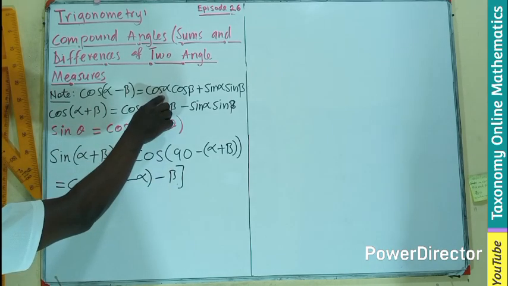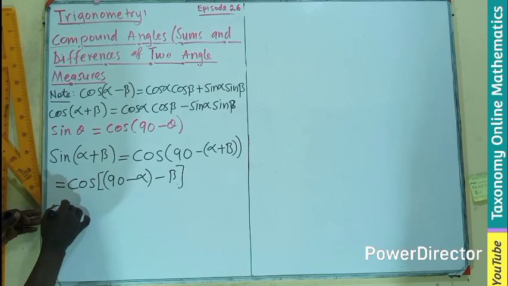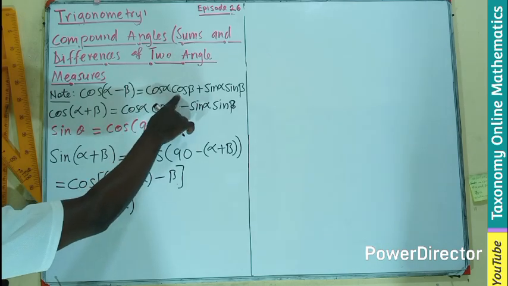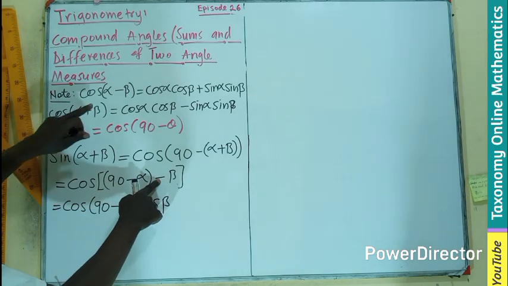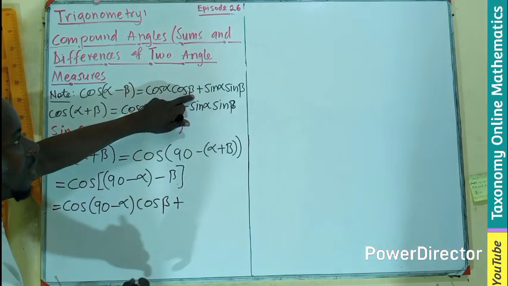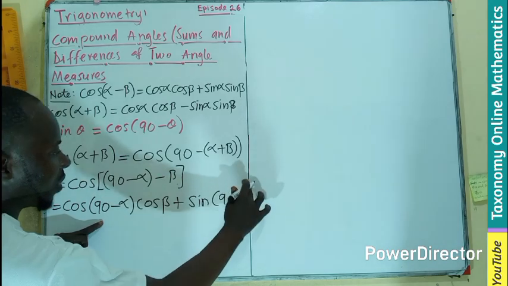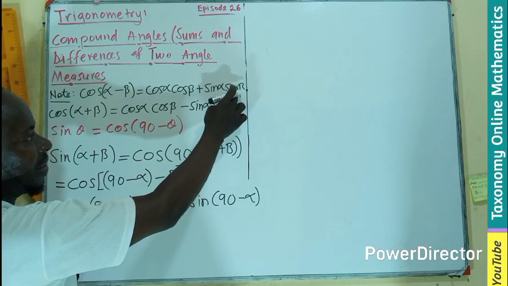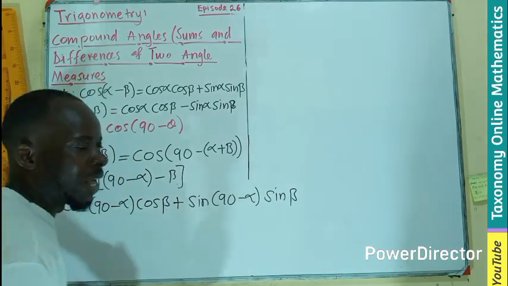Performing subtraction, we can recall from the last episode that it should be the cos of the first angle, 90 minus alpha, multiplying the cos of the second angle. Remember, this minus is already here, so we are only picking the positive value. Then we said plus the sine of the first angle, which is sine of 90 minus alpha, multiplying the sine of the second angle, which is sine beta.